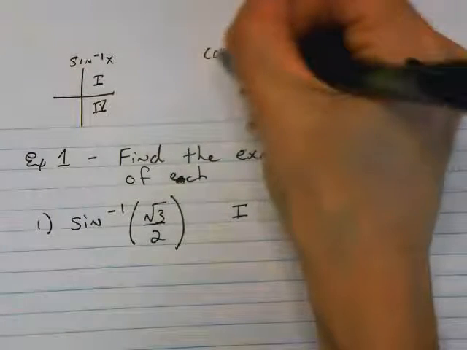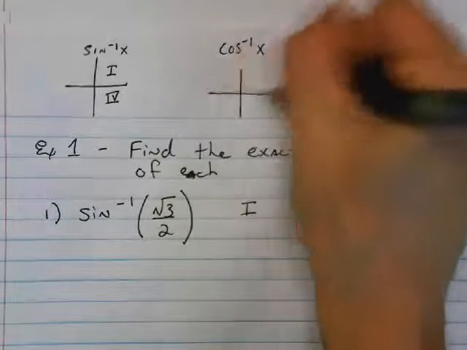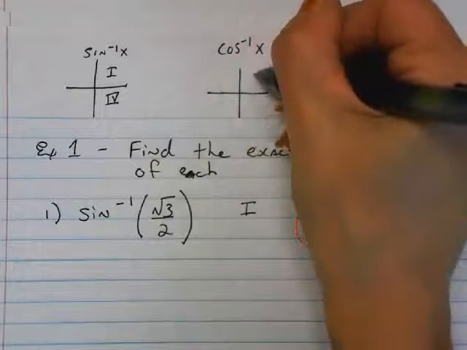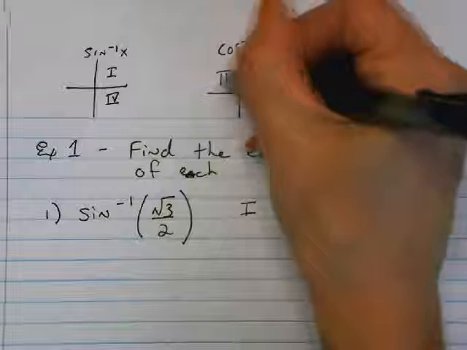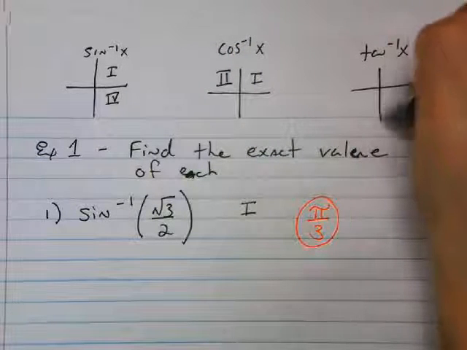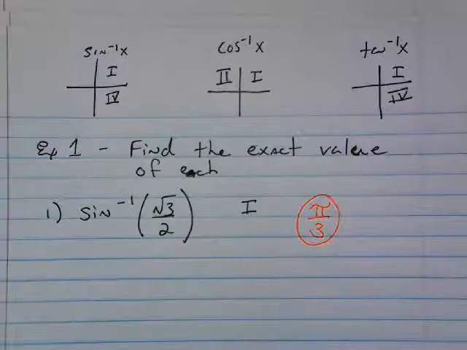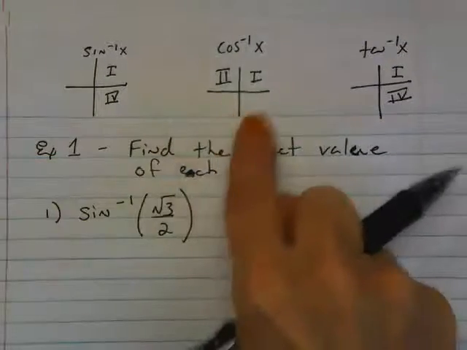The inverse cosine exists between 0 and pi, so it exists in 1 and 2, and the inverse tangent also exists just like sine in 1 and 4. Okay? So in other words, there is no inverse cosine down here.